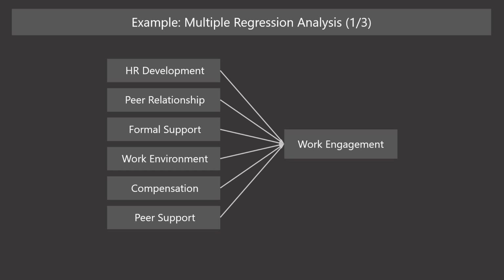And we use 6 independent variables: employees' perceptions of human resource development practices, peer support, formal support, work environment, compensation, and peer relationship. Detailed explanations of these constructs are not our focus here. So, let's go on to the result of this regression analysis.